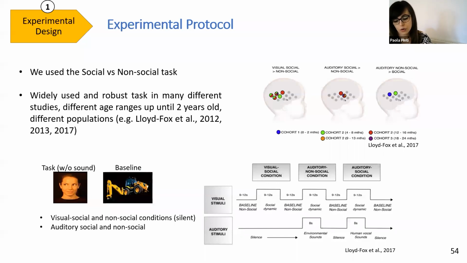This task is also quite robust and gives quite localized activation, so we thought it was a good candidate for a feasibility test of our new piece of equipment. Very briefly, the experiment consisted of social and non-social stimuli arranged in a block design. We had both visual social and non-social stimuli, and also auditory social and non-social stimuli.